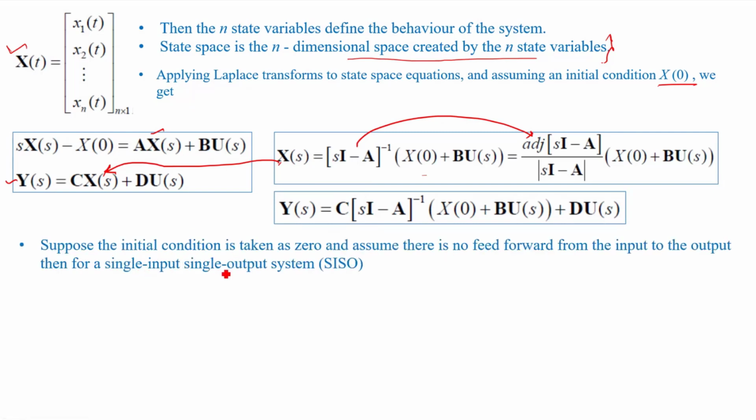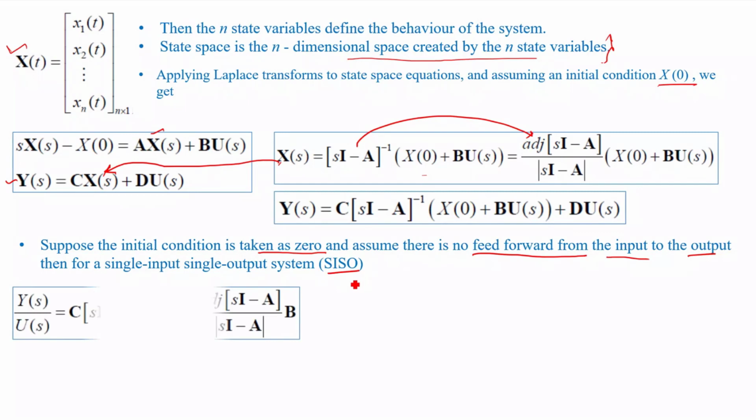Now suppose the initial condition is taken as 0, and assume there is no feed forward from the input to the output. Then for a single input, single output (SISO) system, the equation will look like this.